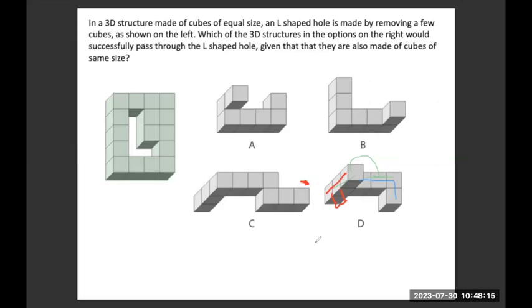From this side, option D will look something like this. Let's just draw all the side views. From here it will look like this. When I look at it from top, option D will look something like this. Not possible. When I look at it from this side, option D will look something like this.